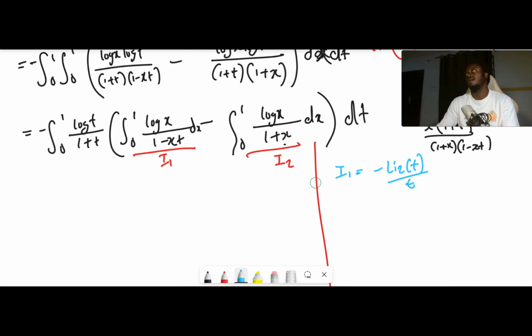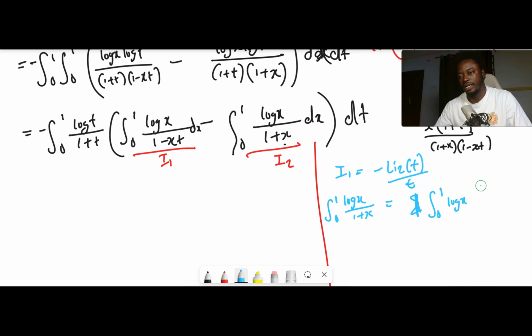How do we evaluate I2? Well, I2 is not too hard to evaluate. The integral from 0 to 1 of log x all divided by 1 plus x is going to be equal to the integral from 0 to 1 of log x times 1 over 1 plus x, and you can write this as the sum as n runs from 1 to infinity of negative 1 to the n minus 1 times x to the n minus 1 dx.